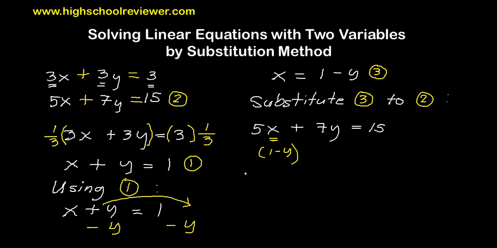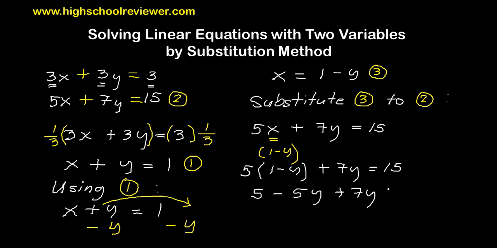And our equation will now become 5 multiplied by 1 minus y plus 7y equals 15. 5 multiplied by 1 is 5. 5 multiplied by negative y is negative 5y plus 7y. And this will be equal to 15.